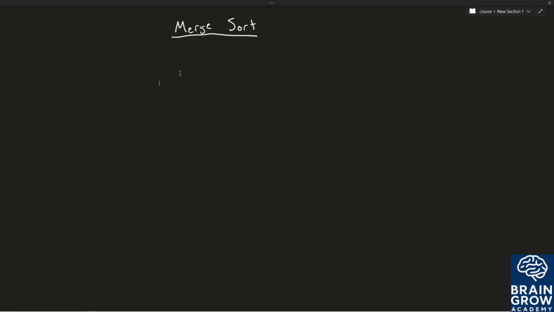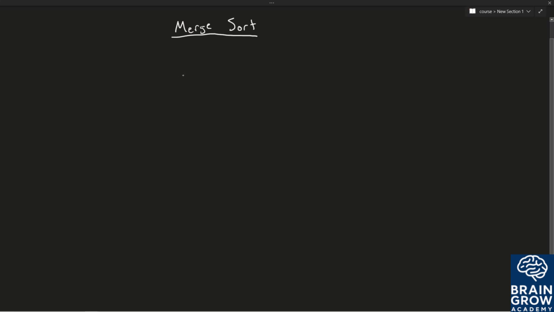So we're going to divide and conquer and then re-merge them back together into a sorted final array. Let's take a look at what that means.